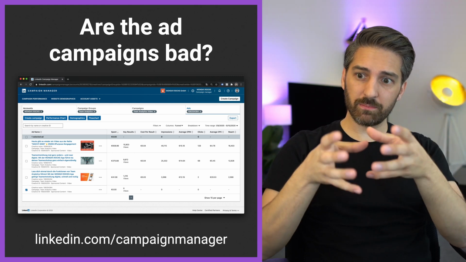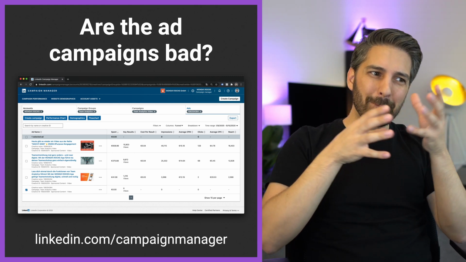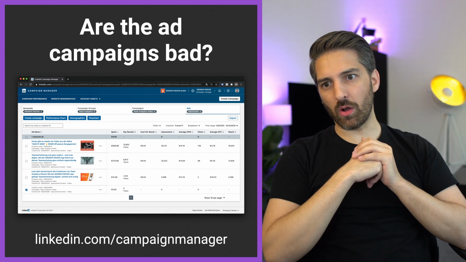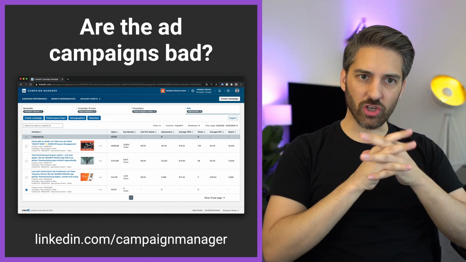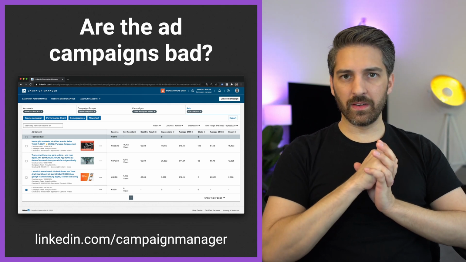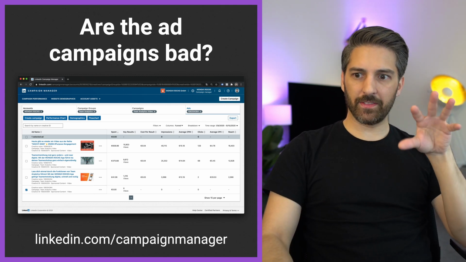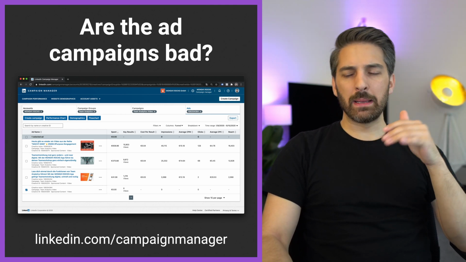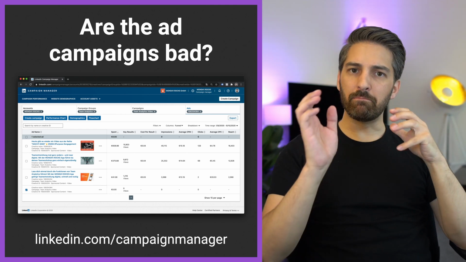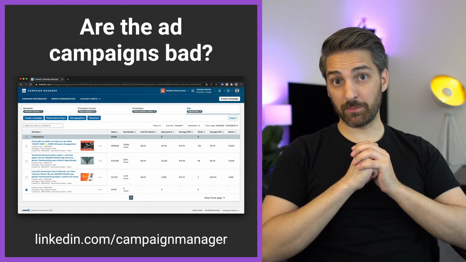So the first point of failure could be maybe the ad campaigns were wrong, or the campaign structure was set up wrong. Here you can see a screenshot from live LinkedIn ads that fed this funnel for a while. 3 different ads. Maybe they were not the right ads. Maybe the campaign goal was not set up right.